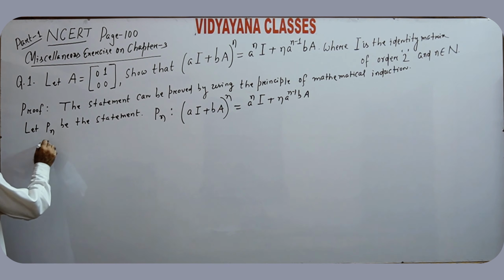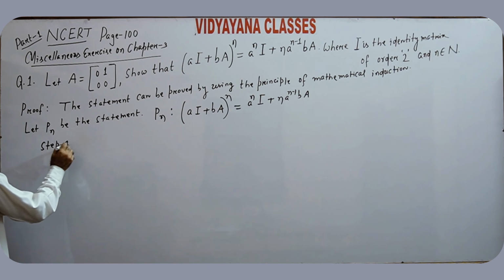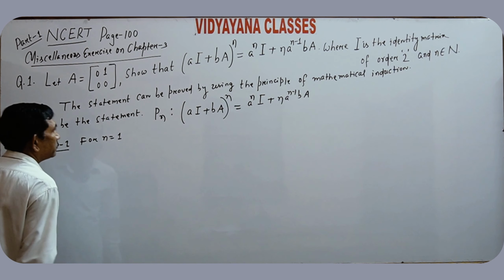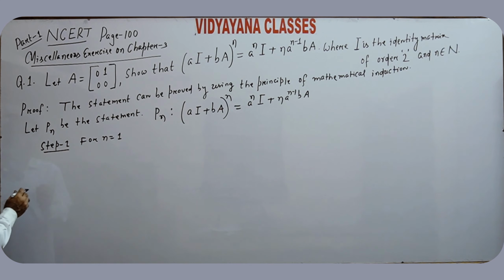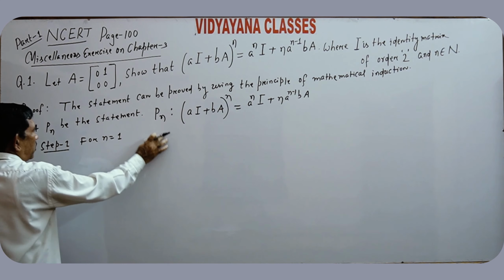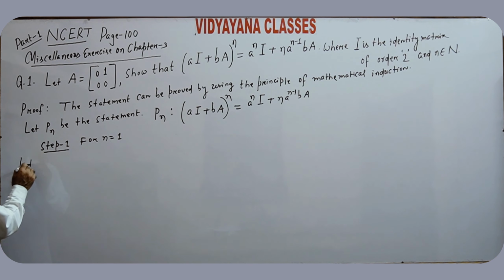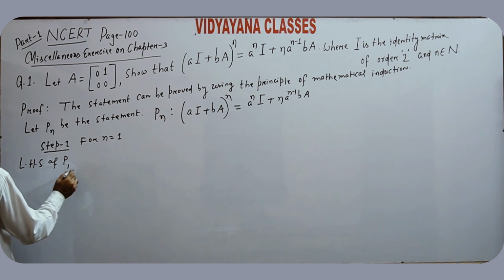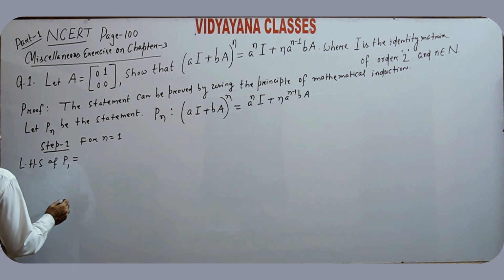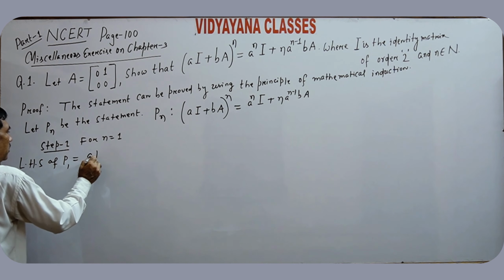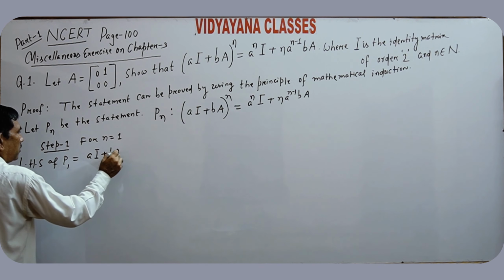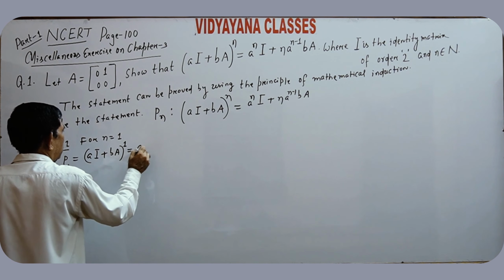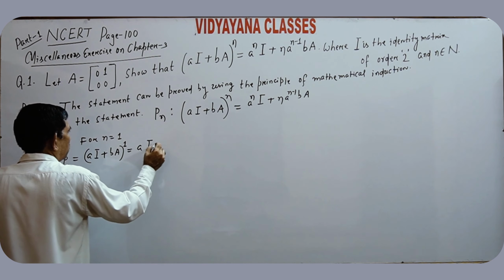Step 1, for n is equal to 1. For n is equal to 1, the statement is P1. Left side of P1 is equal to (aI plus bA) whole to the power 1 is equal to aI plus bA.